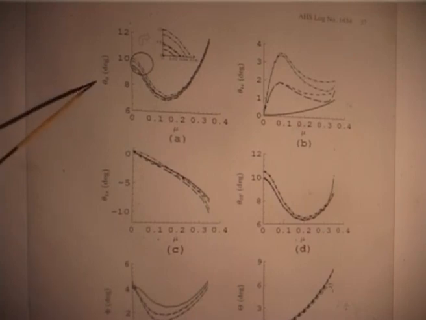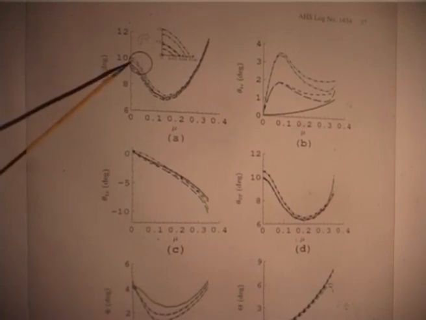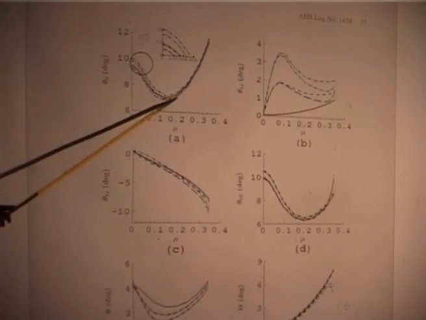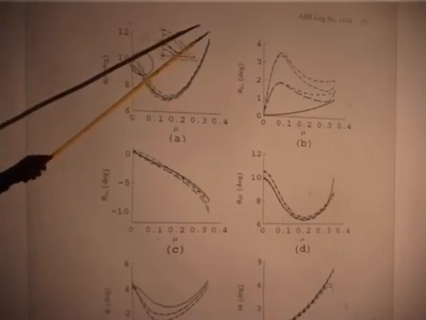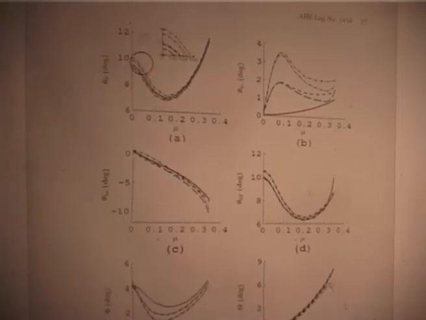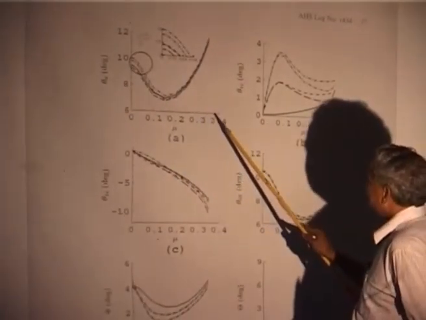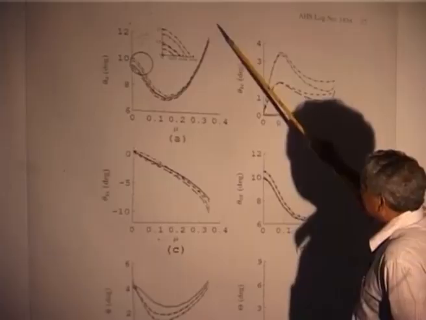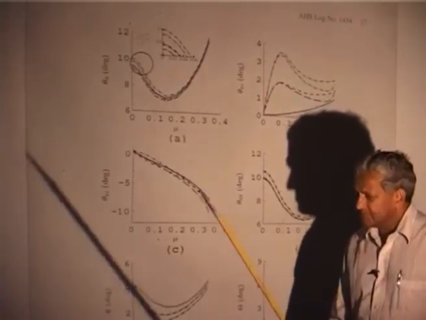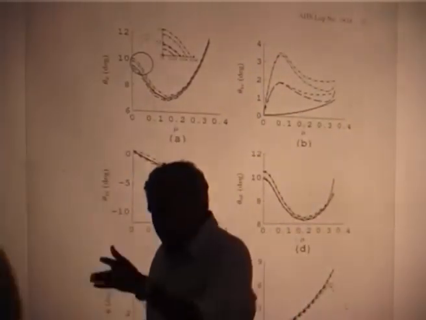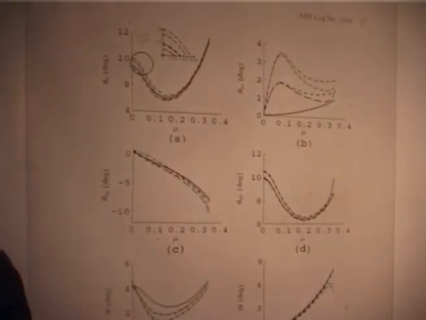So, if you look at the collective, it will decrease and then it will increase. But you see, as you go to a high speed, around mu 0.35, the slope of this curve is very steep, and the program will not converge so easily.